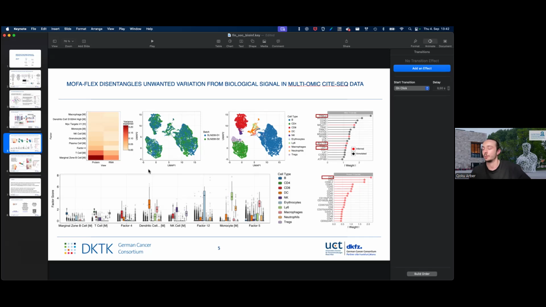There we even went one step further and tried to correct for different sources of variation that we were not interested in, like stromal infiltration and proliferation, because we were interested in finding subpopulations of patients that exhibited bad survival.